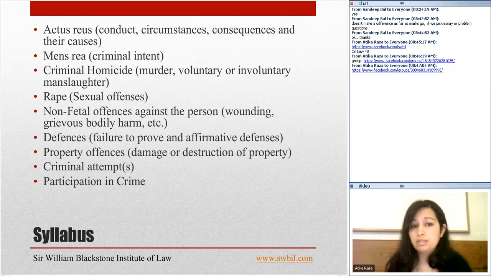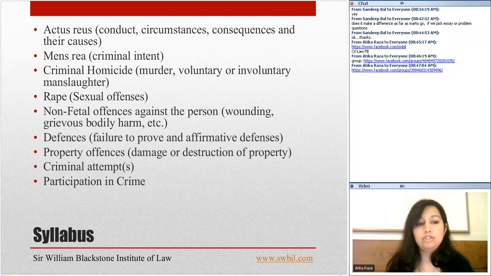There are also non-fatal offenses against the person, for example hurting a person or causing grievous bodily harm. We're going to cover defenses in detail. We're also going to cover property offenses, so if somebody stole your money, stole or damaged your property, or committed arson, setting your house on fire or something like that, we're going to cover those.